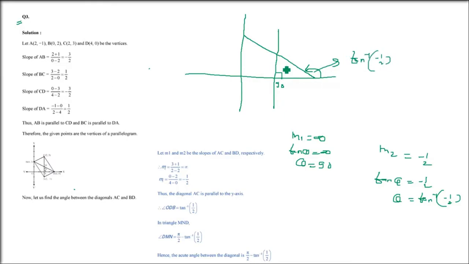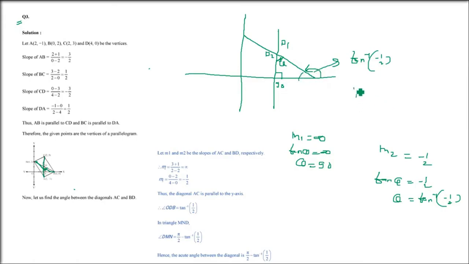So this is theta, tan inverse minus half, and this is a diagonal. This is diagonal 1, this is diagonal 2. So this is the angle between them. We are actually interested in this angle. So this whole angle is tan inverse minus half.